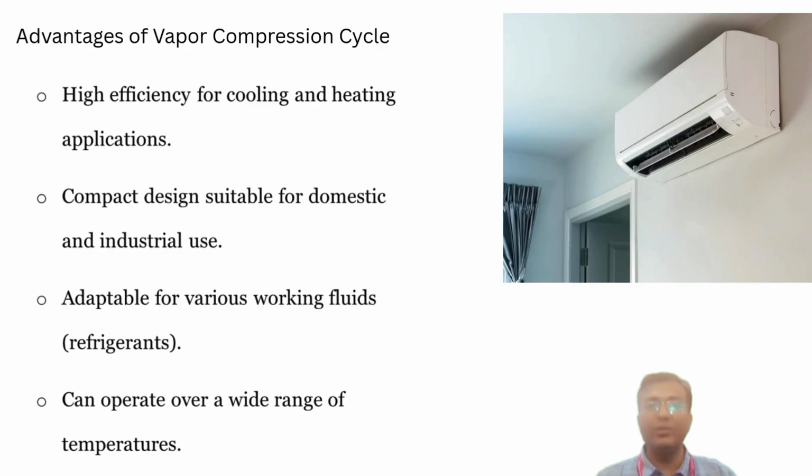It is also used for keeping vaccines cold or cooling your car's cabin. These are the advantages which explain why the vapor compression refrigeration cycle dominates the refrigeration and heating, ventilation, and air conditioning markets.